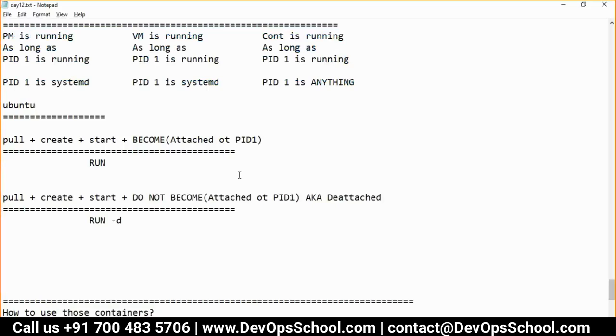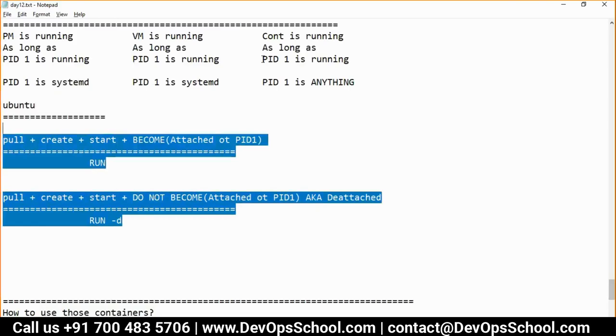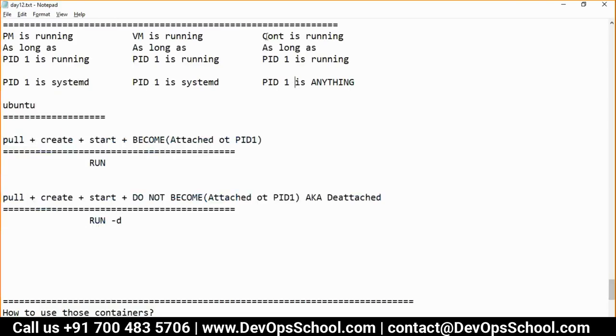Your container was exiting because there was no PID1 running. What was happening? Your PID1 was running, the container got started, PID1 exited, and the container exited. Simple statement. Your container exited because PID1 was not running.